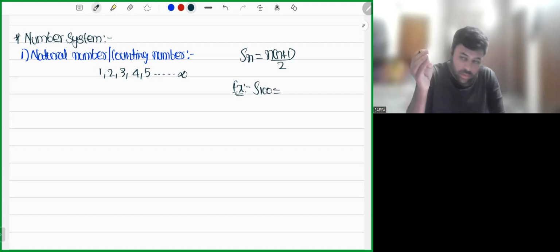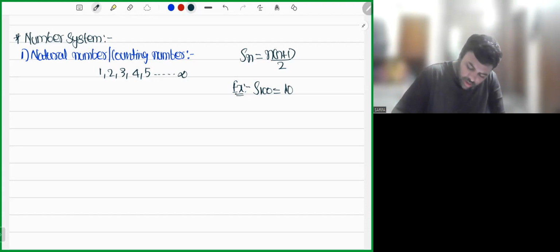If you do 1 plus 2 plus 3 plus 4 plus 5 plus 6, and so on till 100, you'll be in trouble. So simply substitute 100 for n: 100 into 100 plus 1, whole divided by 2. So 100 into 101 divided by 2 equals 5050.